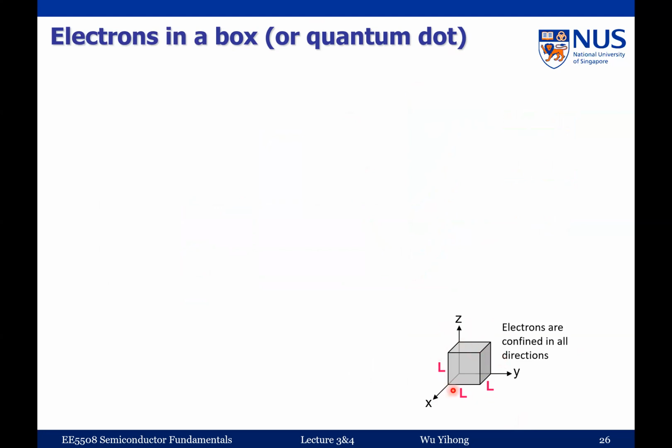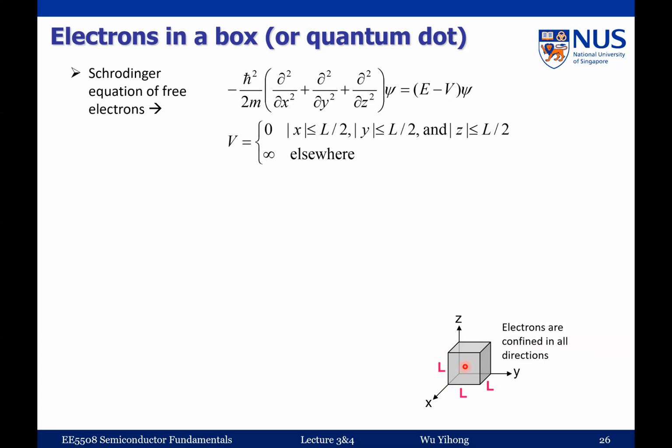So the electron can only be confined inside this small volume, which is a box. Again, we solve this Schrodinger equation. Inside the box, V is 0, and outside the box, V is infinitely large, so the wave function must be 0.